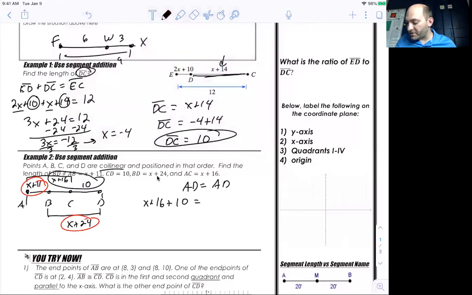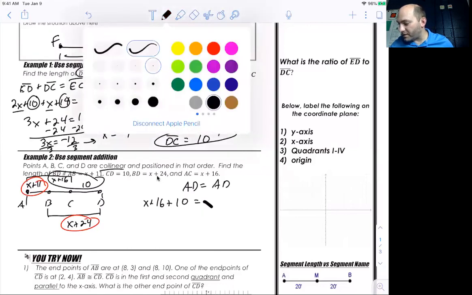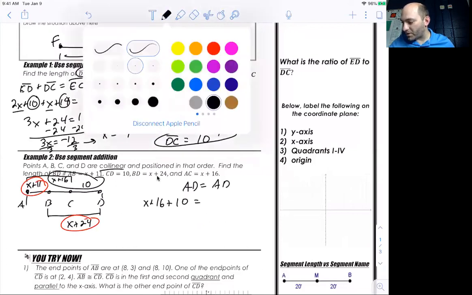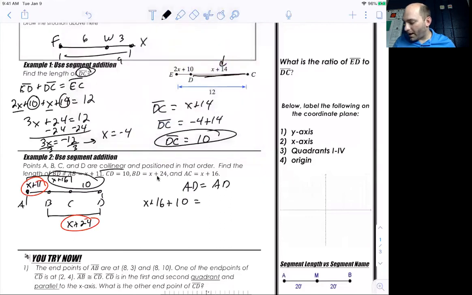Let's make that a bit thinner. Okay, I think that looks good, good enough for what I want to do here. So that means x plus 11 plus x plus 24 equals AD as well. That's why we're able to set this up this way.